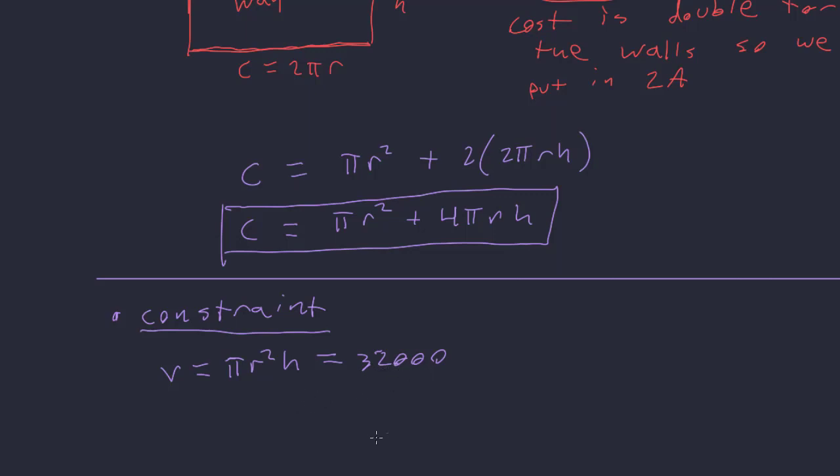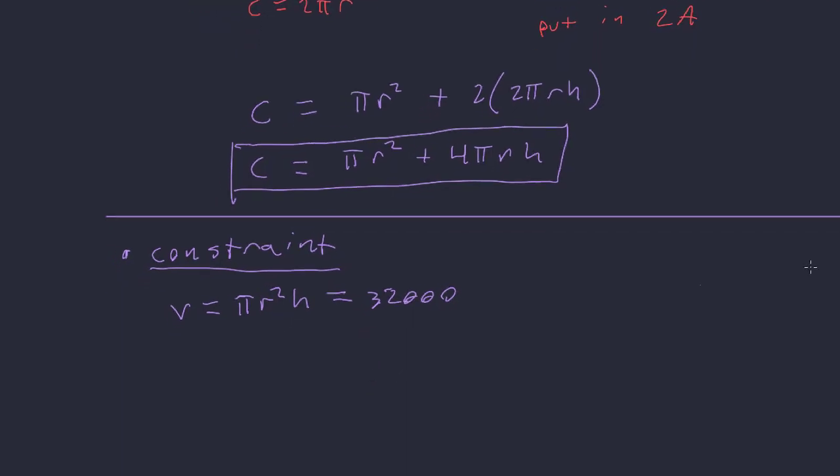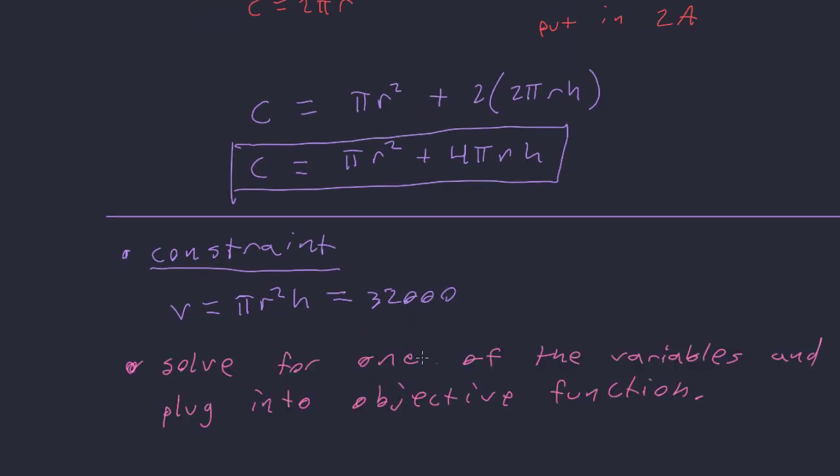Then we need to solve this for one of the variables. This might seem a little weird, but I could solve for r squared, since I don't have r in both. Let's just solve for h instead, since that's going to be the easiest.